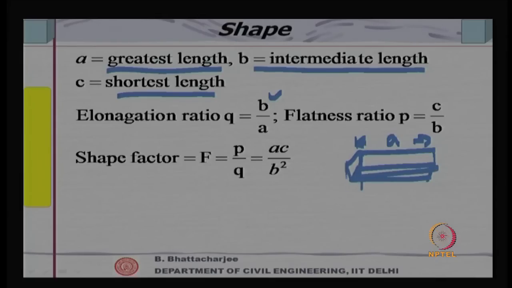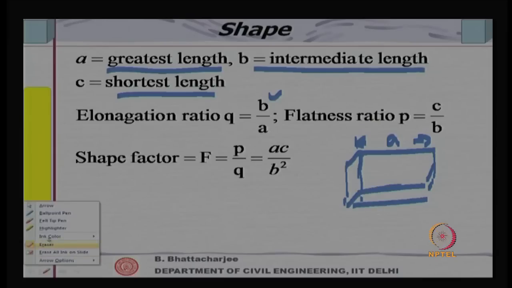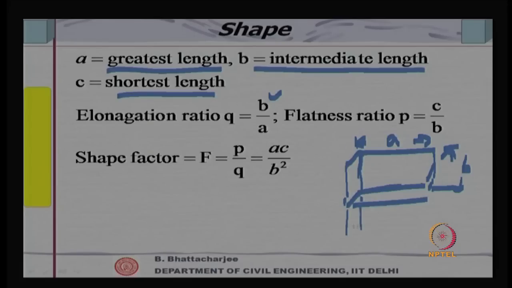Let us say B is something like this, and C is the thickness, C is this.